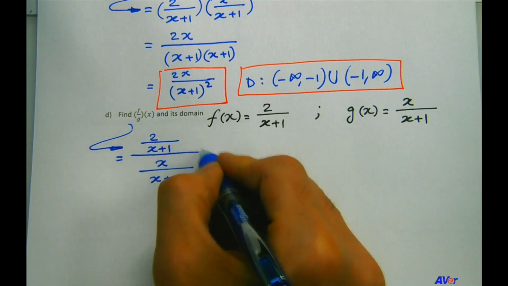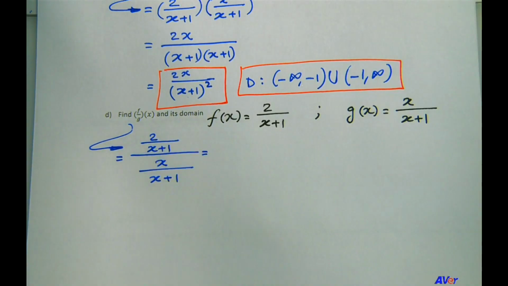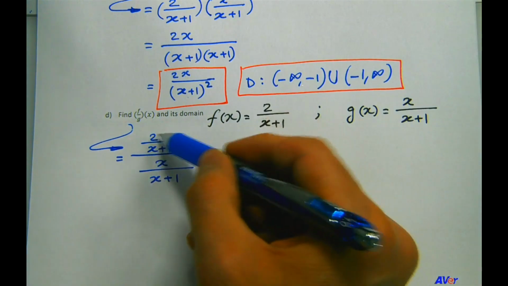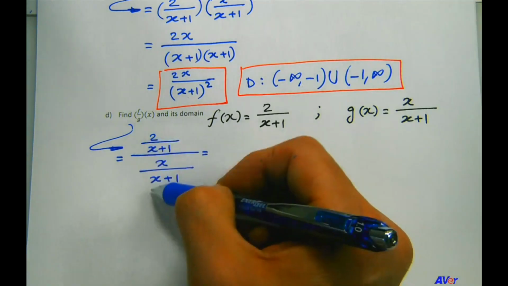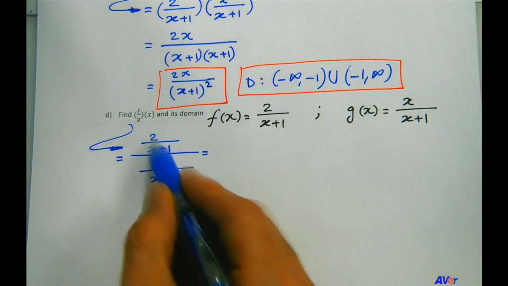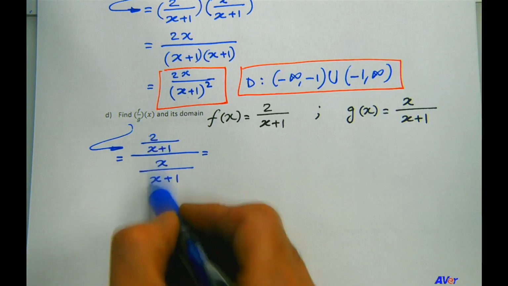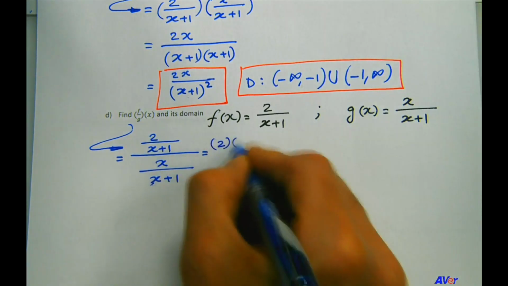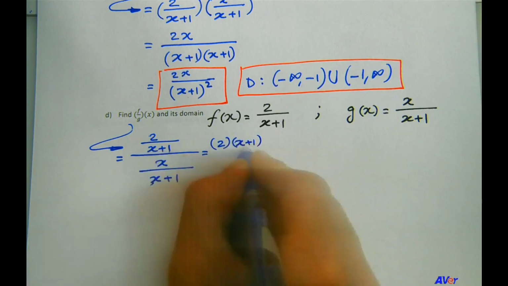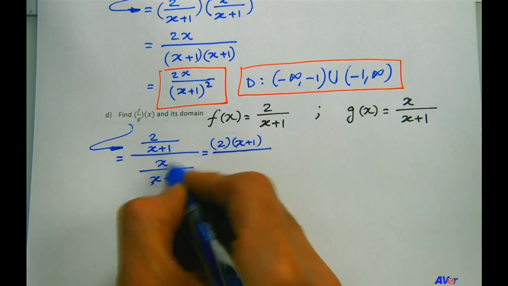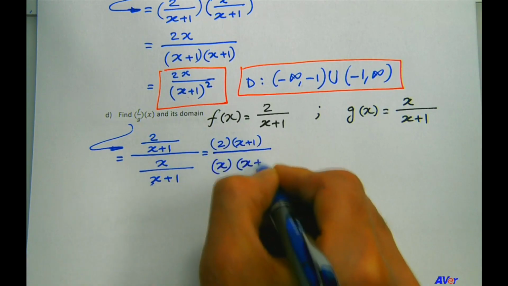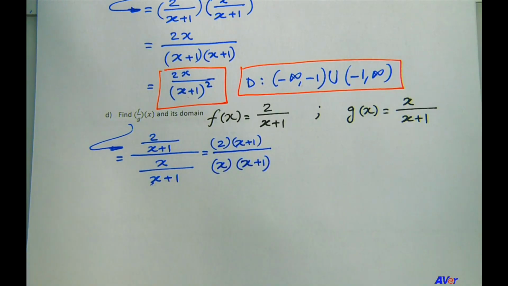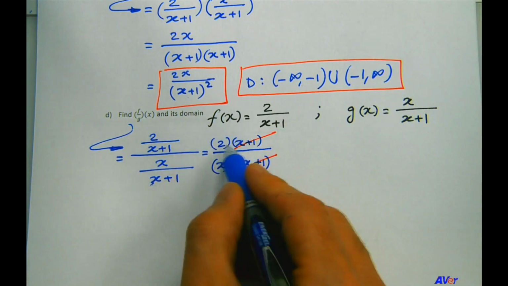So we've talked about how to simplify complex fractions, right? The easiest way, I think, to simplify complex fractions is take the product of the terms that are farthest away from each other and put them in the numerator. Divide by the product of the terms that are nearest each other. Like that. So x plus 1 and x plus 1 cancel out because they're being multiplied.